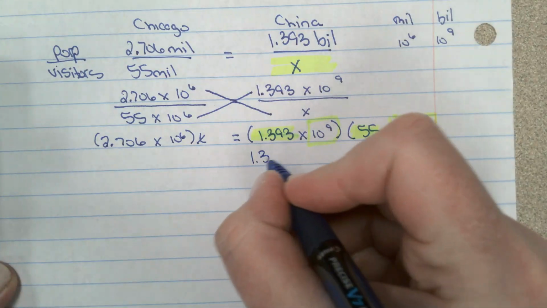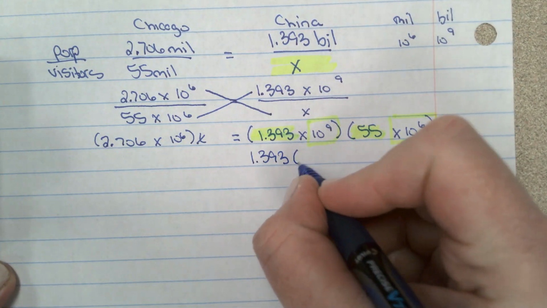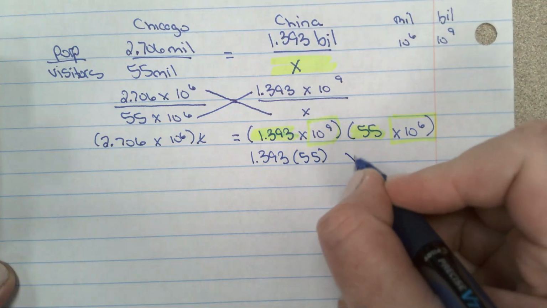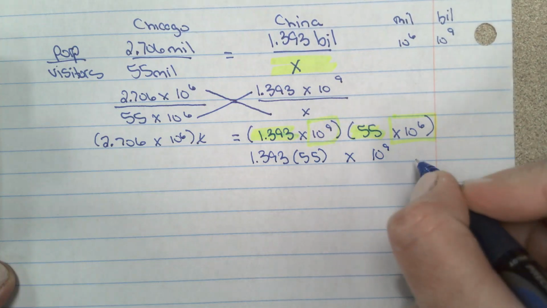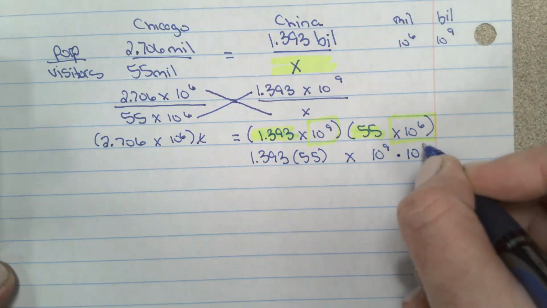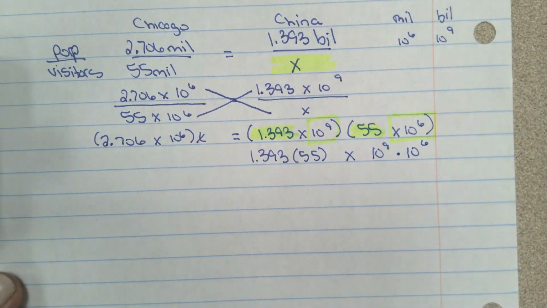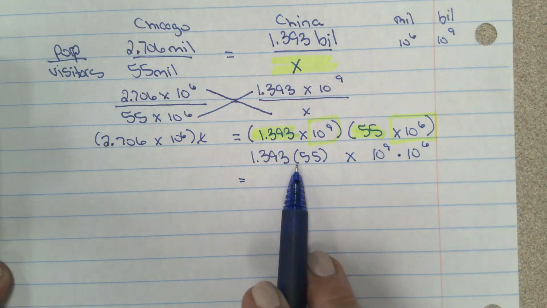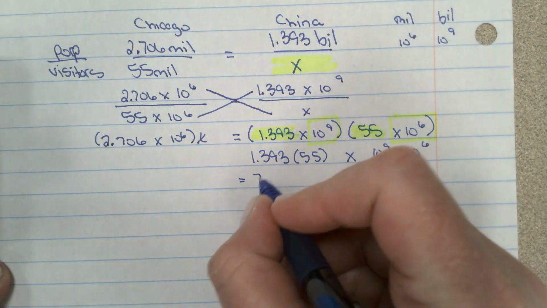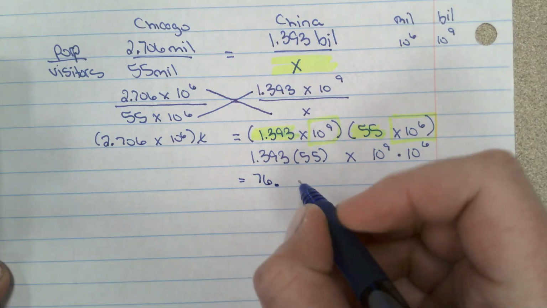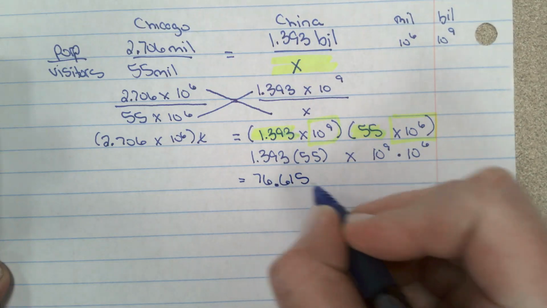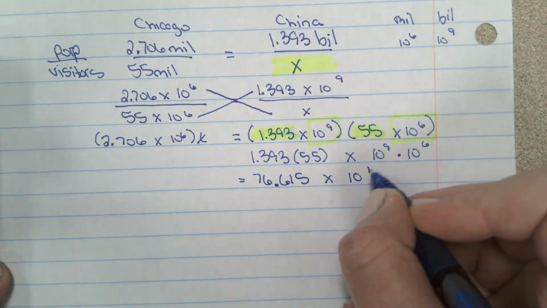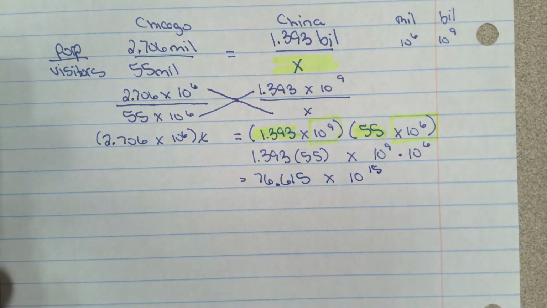So I have 1.393 times 55 times 10 to the 9th times 10 to the 6th. When I multiplied this right here, I got 76.615 times 10 to the 15th.